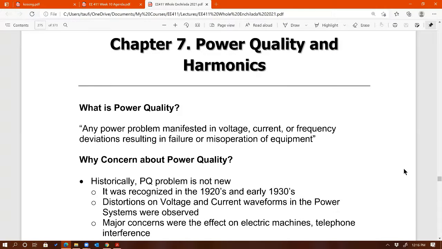But it's also good for you to know the dark side of power electronics, if you will. What are the disadvantages? Problems and issues related to power electronics. So we need to know both: benefits as well as the technical problems that power electronics cause.